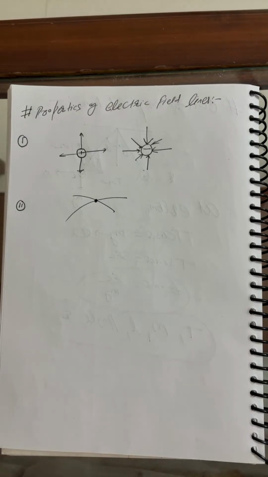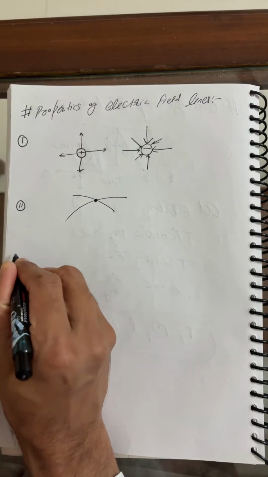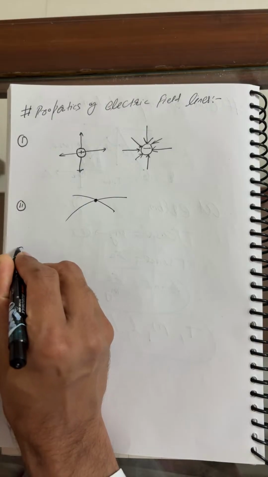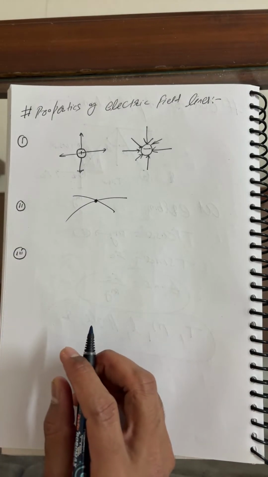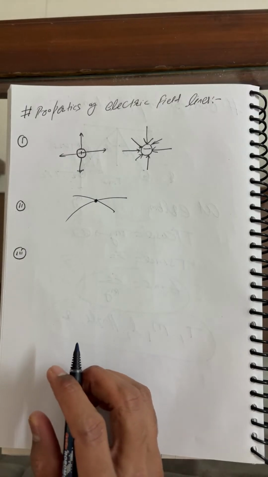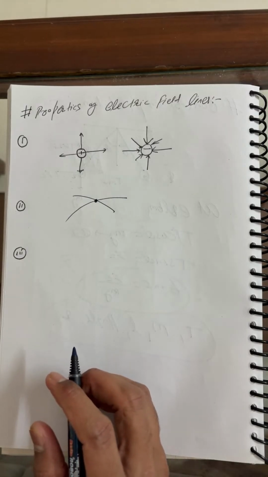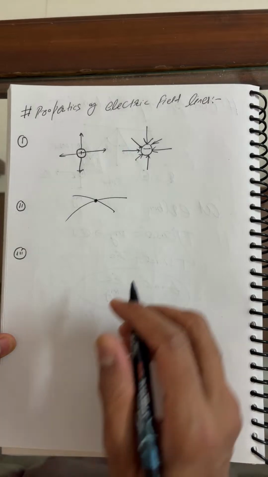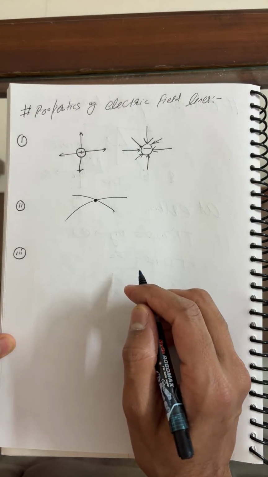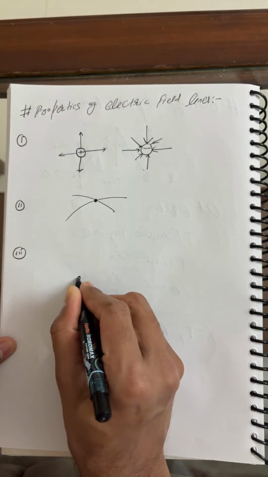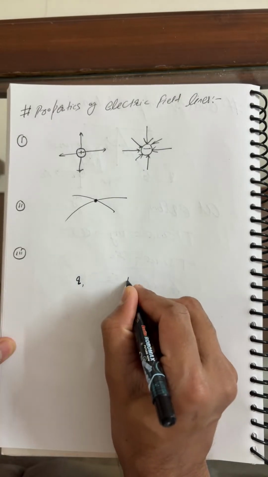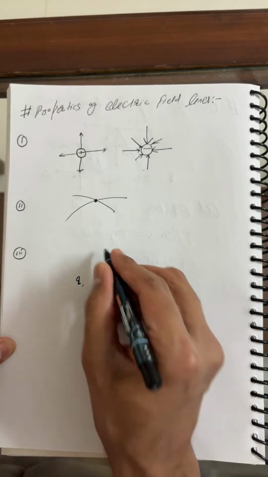Now, property number three: electric field lines give us the net electric field. Let us suppose this is charge Q1 and this is charge Q2.